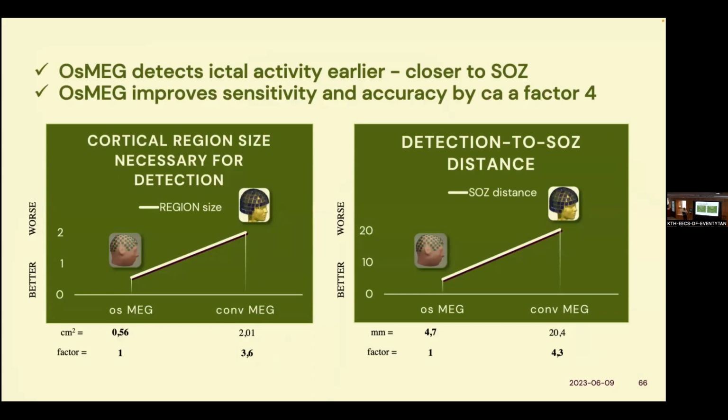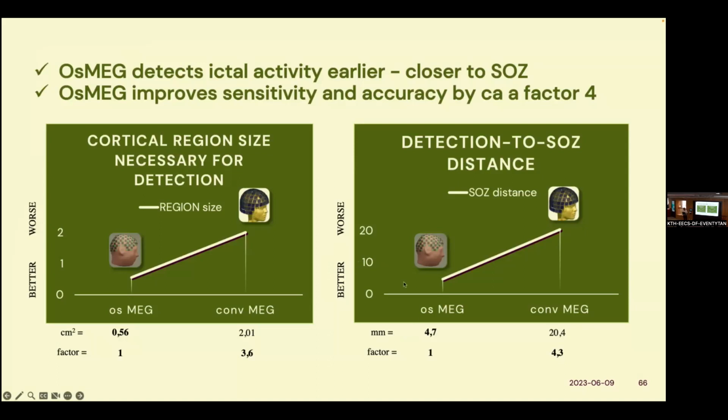Basically, we can say that generally with on-scalp, we always detect early activity, which is important because activity can move in the seizure. So it's not that you have a fixed point and then it starts increasing. Sometimes the activity moves around as well. So the earlier you are, the closer you are to the actual seizure onset.